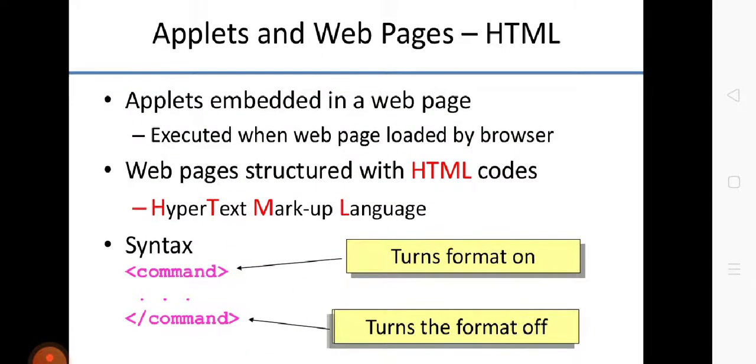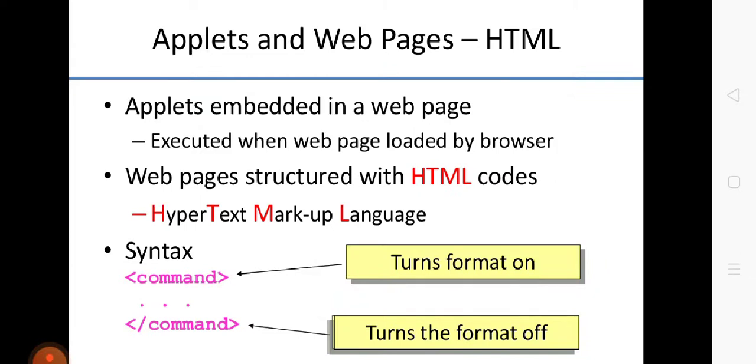Okay, now how can we place our applet in a web page by using an HTML document? Applets are embedded in a web page, and it will execute when the web page is loaded by the browser. Whenever you load a web page, if that page has an applet, it will run. Web pages are structured with HTML code.